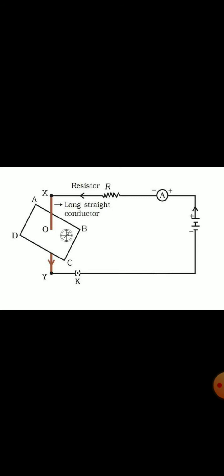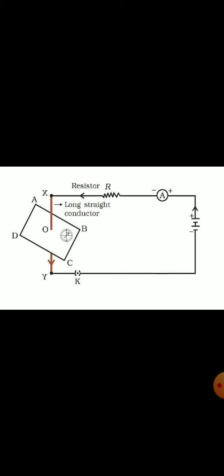As we can see in the figure, we have resistor R, ammeter, battery, plug and a copper wire placed between X and Y points. Students, I want you to recall that ammeter is connected in series.